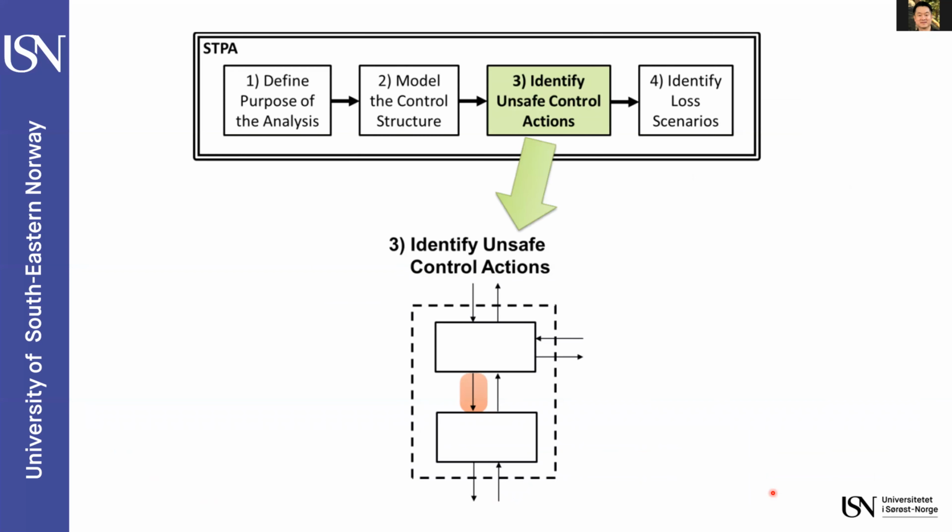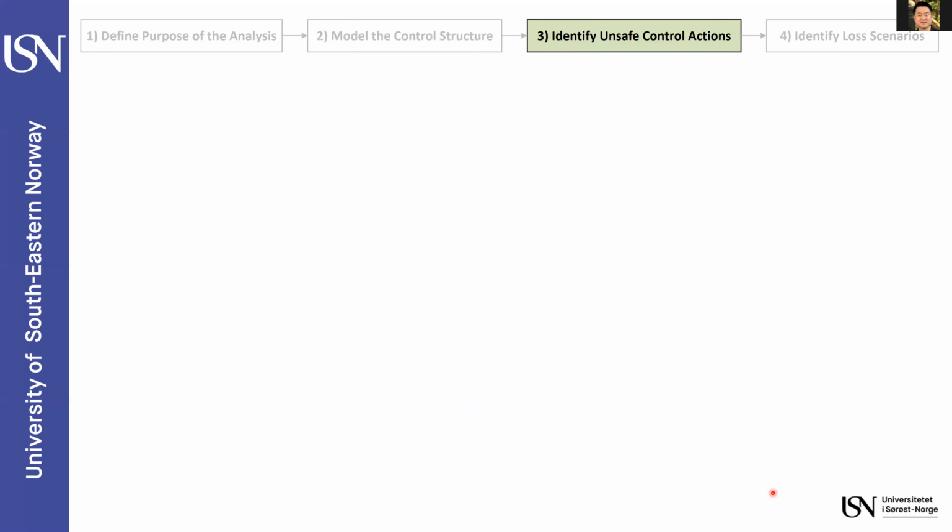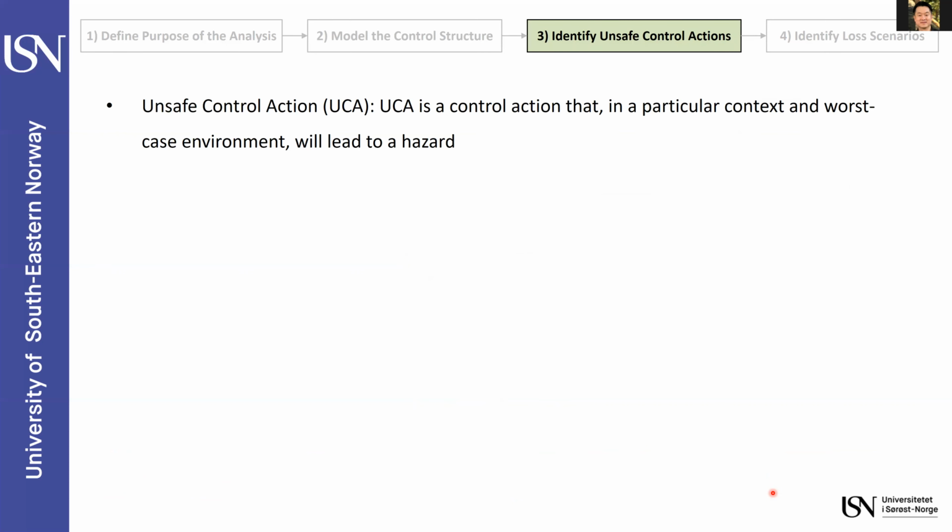And the next step is to identify unsafe control actions. To identify these unsafe control actions, we will use our control structure. So let's look into the details of the definition of the unsafe control action first.